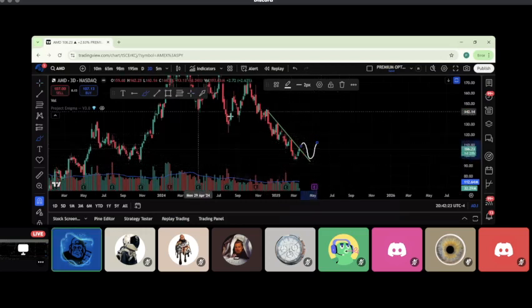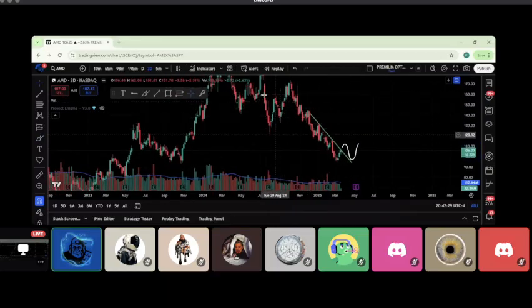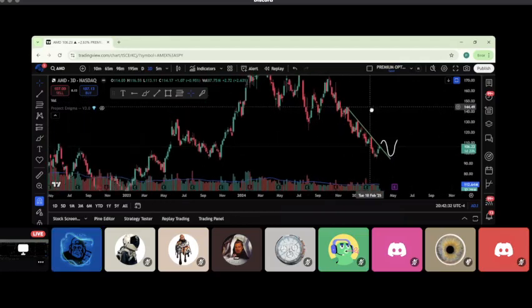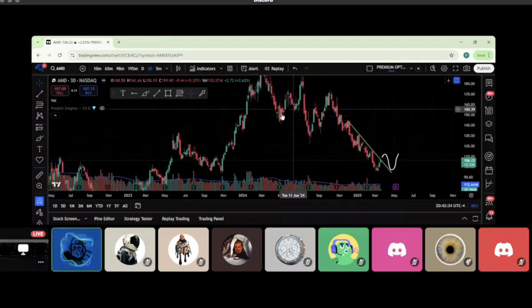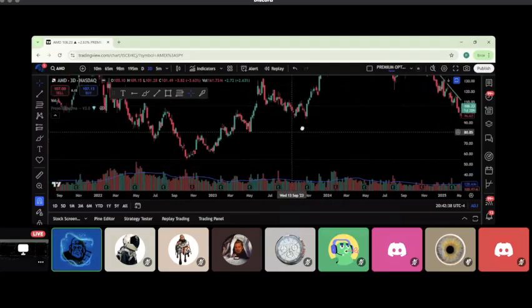You can still play this for a day trade, but you can see on this one it had 2 pivot points on a reversal. This one kind of did, even though it was a little bit further up. This one had 2. This one had 2.